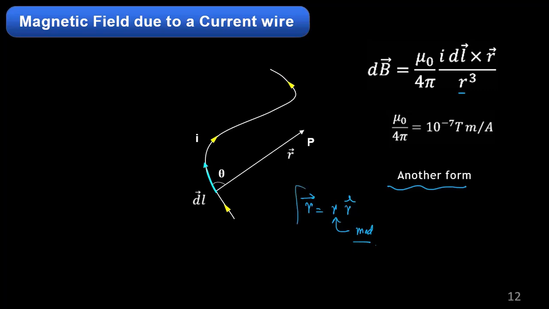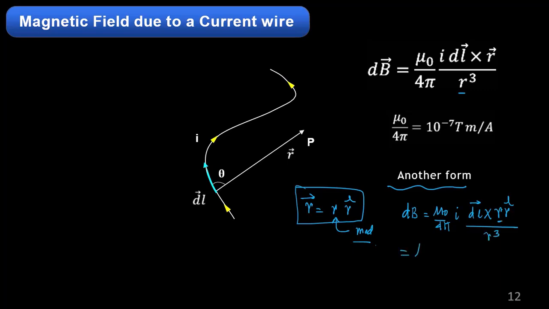So now I can use this formula to replace in the equation. dB vector can also be written as mu naught by 4 pi, the constant, multiplied by I, multiplied by dl vector cross r vector. So what is the r vector? The R vector is basically r times r cap divided by r cube. Now this r will cancel out.